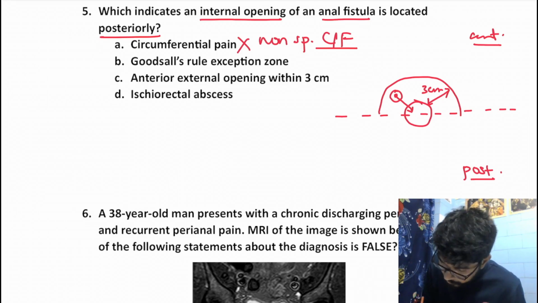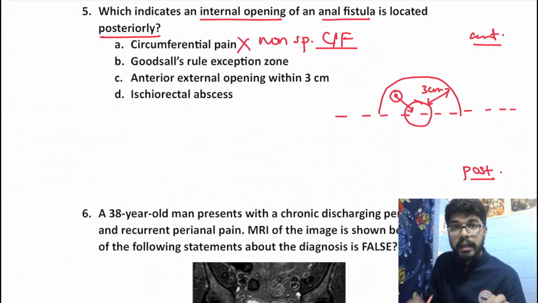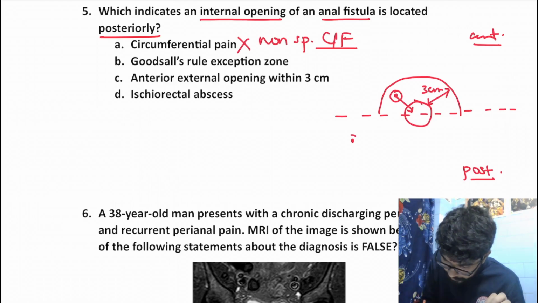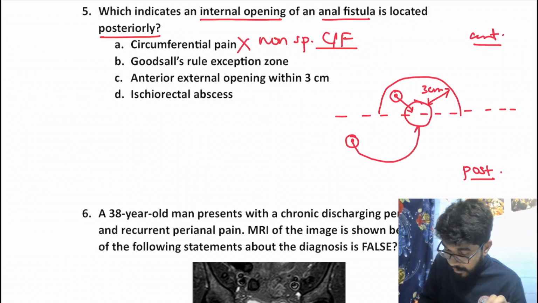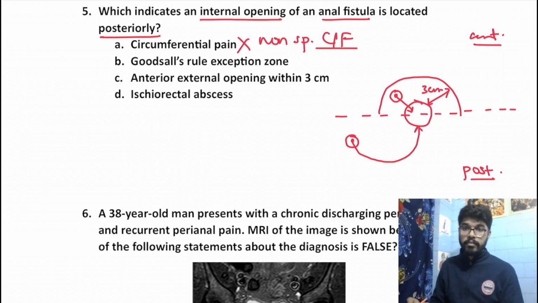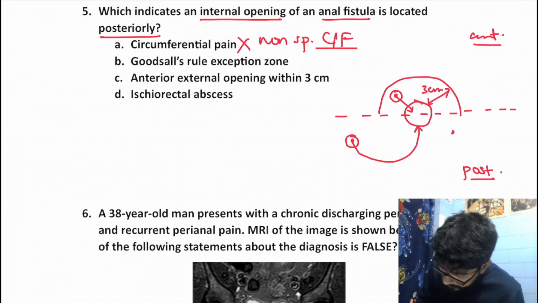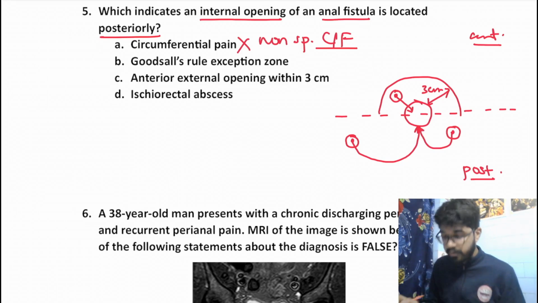The second point is that if the external opening lies in the posterior part, it will follow a curvilinear path to open at the 6 o'clock position, the posterior midline. It doesn't matter whether it is within 3 centimeters or beyond.